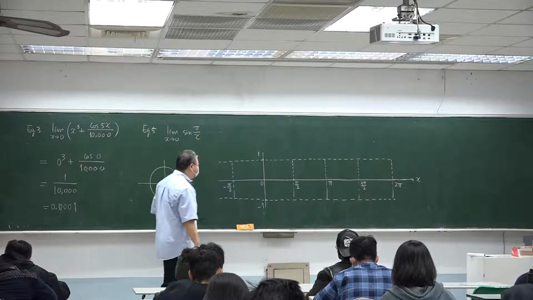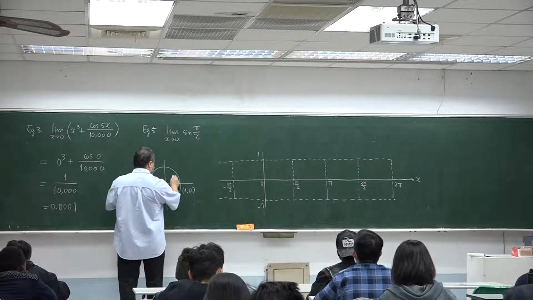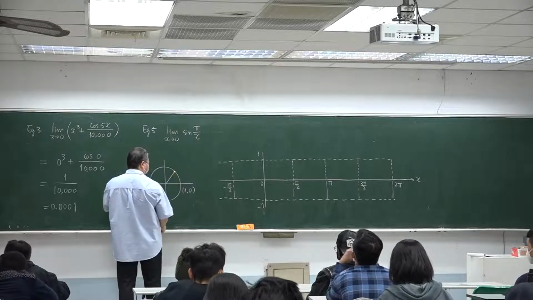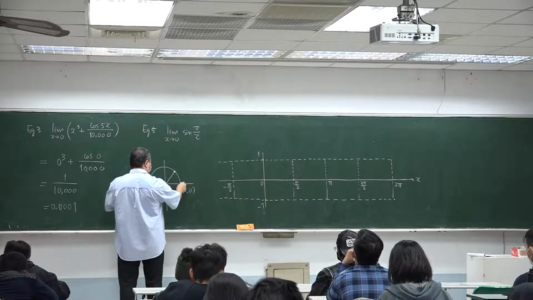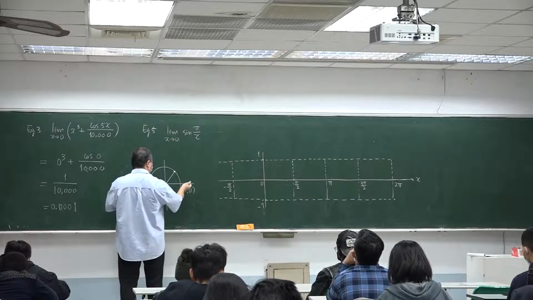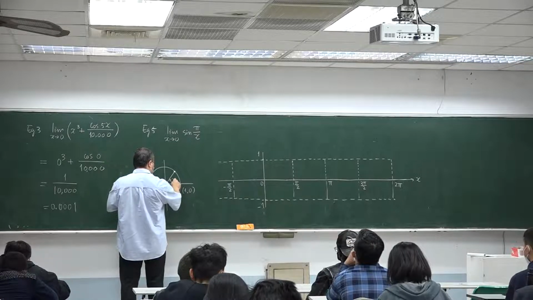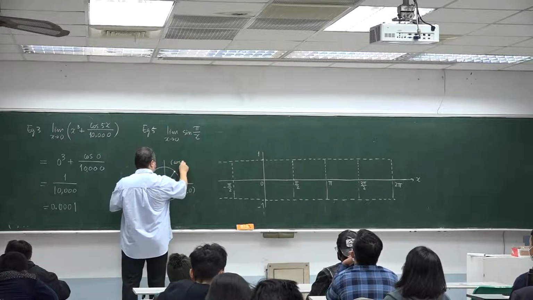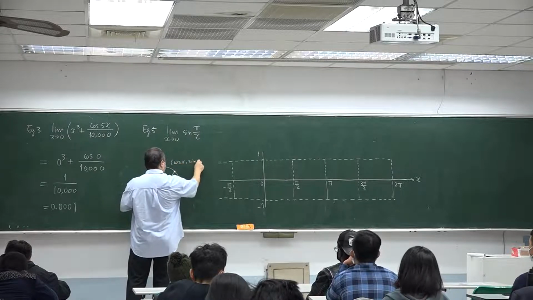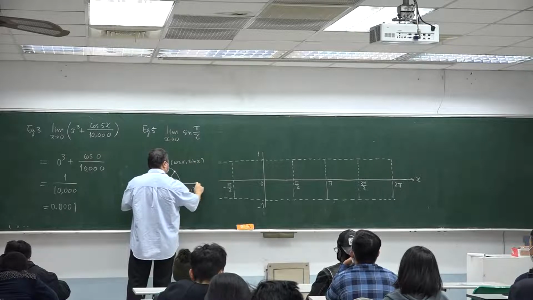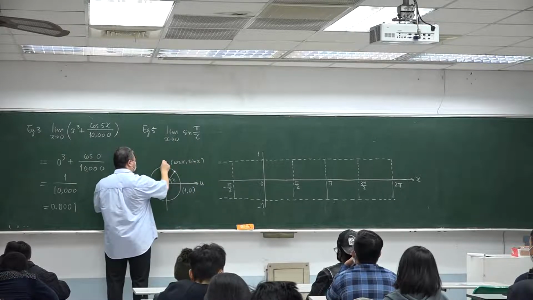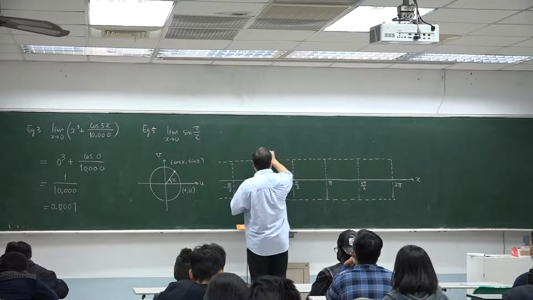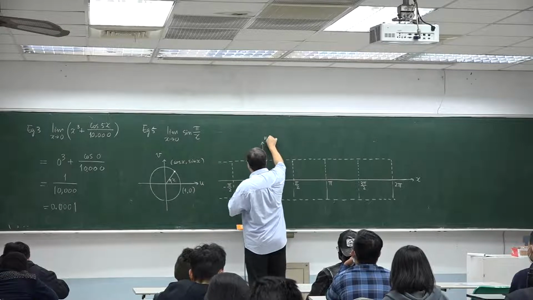Well, suppose the arc length is x. Then the cosine of this one will be cosine x, and sine x here. This is maybe the u axis and v axis, but here it is the x axis and y axis.